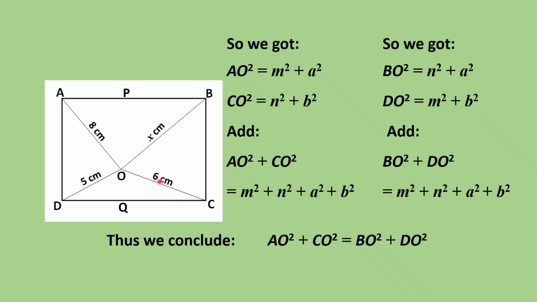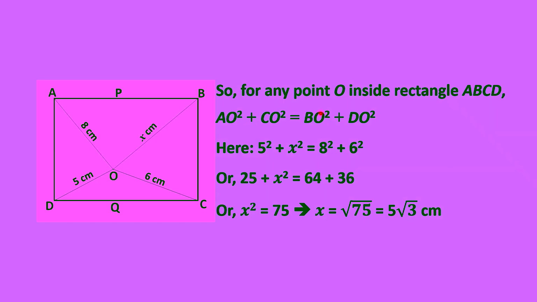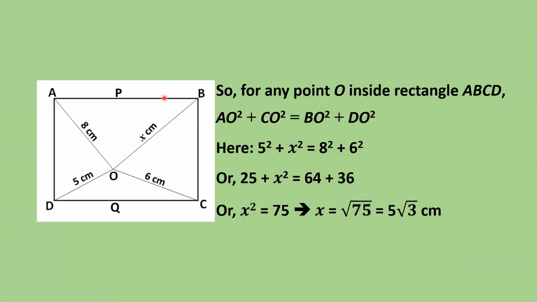And now we come to the main calculation, how to find x. So for any random point O inside rectangle ABCD, AO square plus CO square equal to BO square plus DO square. Now we put the values. 5 square plus x square is equal to 8 square plus 6 square. We are putting the values for AO square, BO square, CO square, DO square.